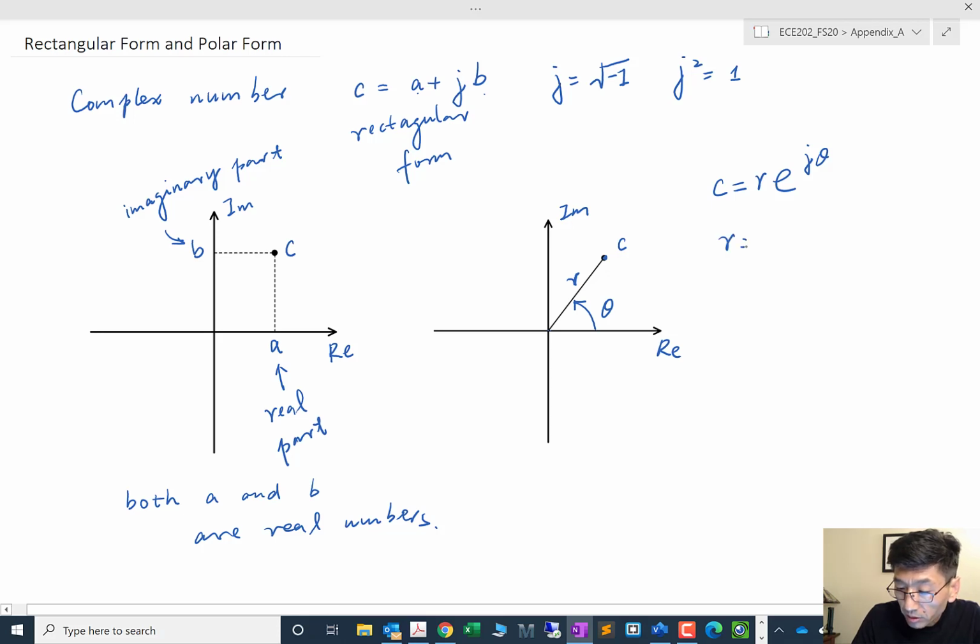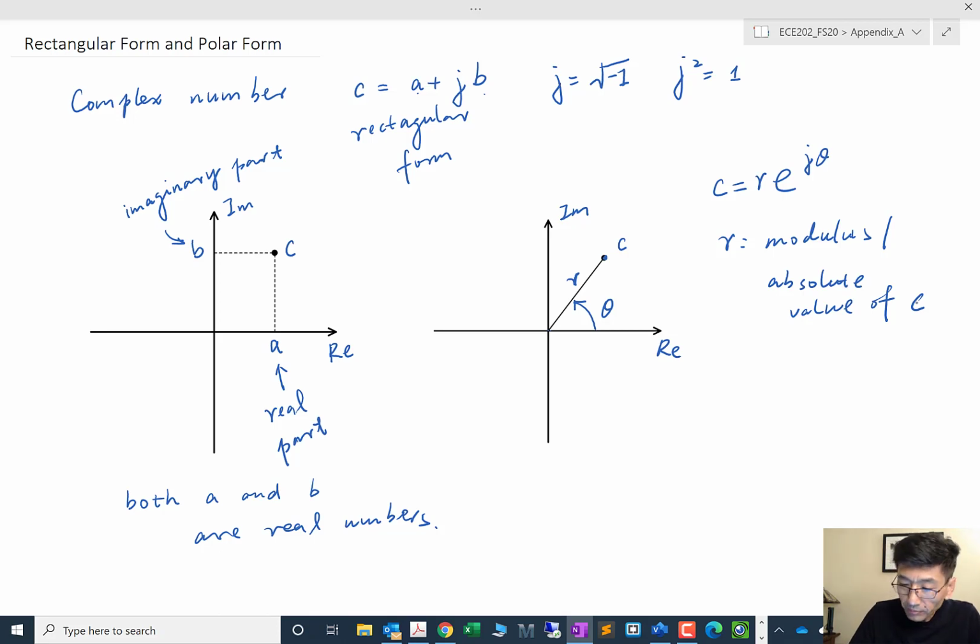R is called the modulus or absolute value of this complex number. Basically, it is the distance of the c point from the origin, so that's always a positive real number.